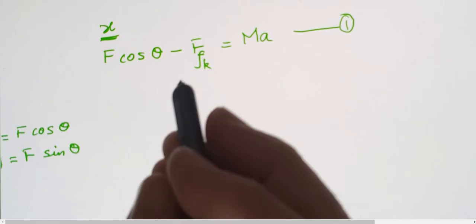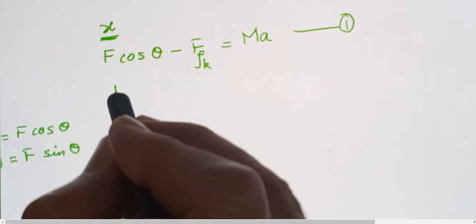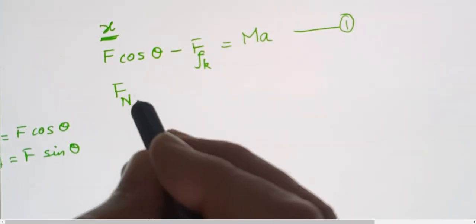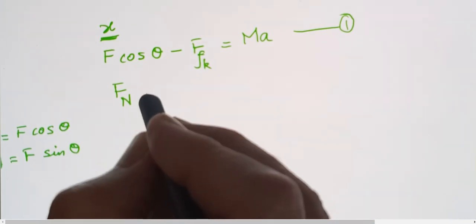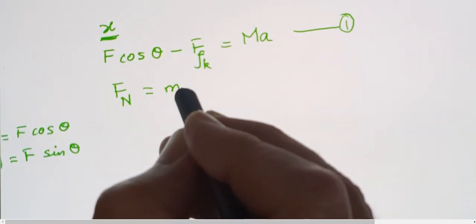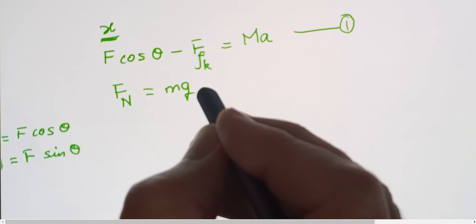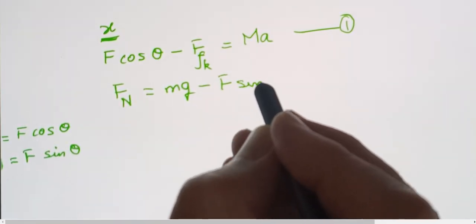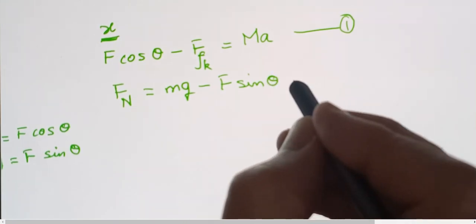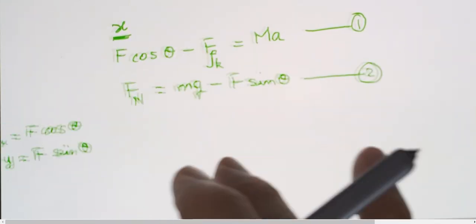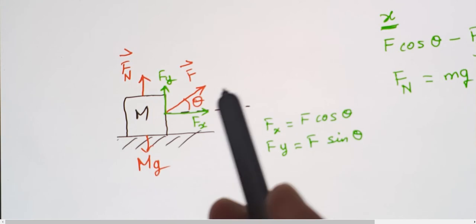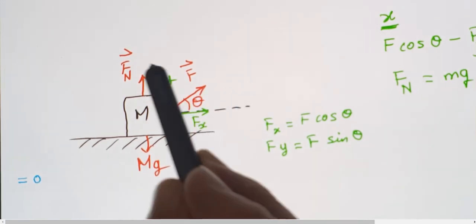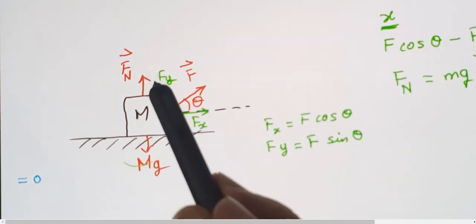The second equation, it's the normal force. And it is equal to mg minus F sine theta. That is equation 2. Why minus? Well, it's Newton's second law, so net force.